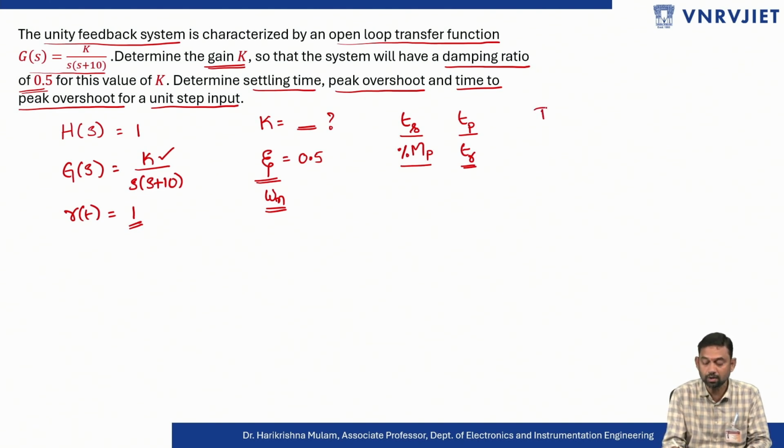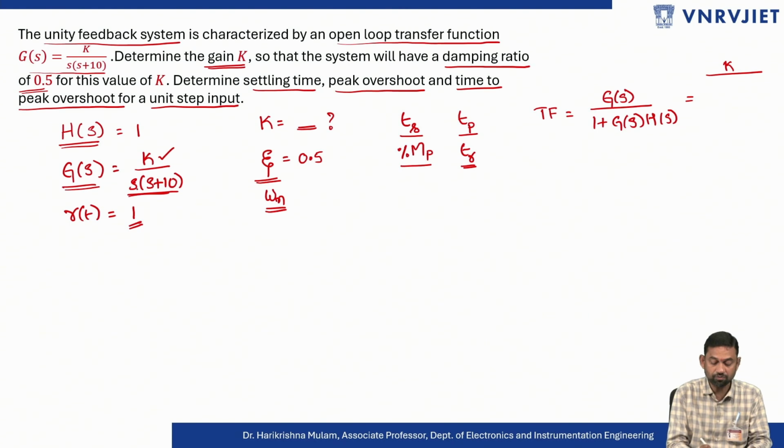Transfer function of a closed loop control system in terms of open loop transfer function and feedback transfer function is given by G of S by 1 plus G of S H of S. Therefore, that is equal to K by S into S plus 10, that is, S square plus 10S, whole divided by 1 plus K by S square plus 10S into H of S, which is 1.